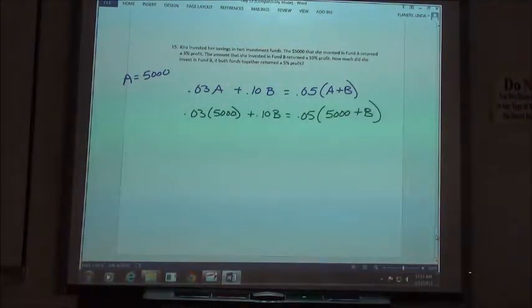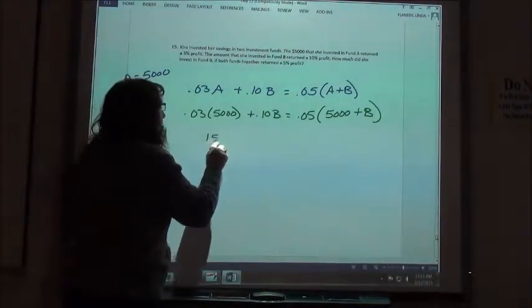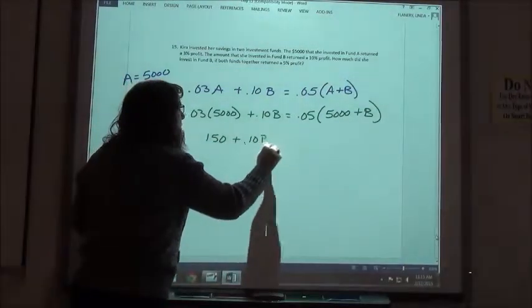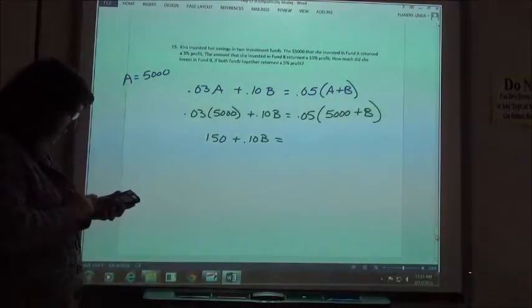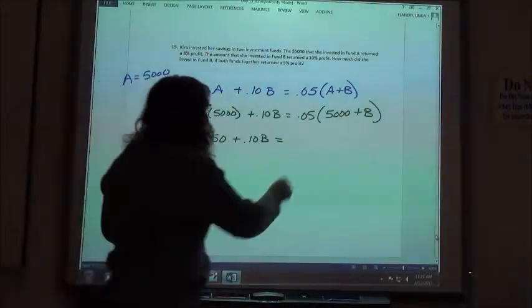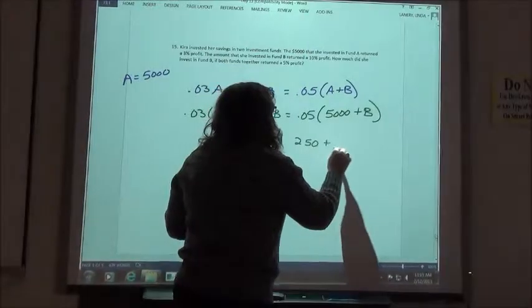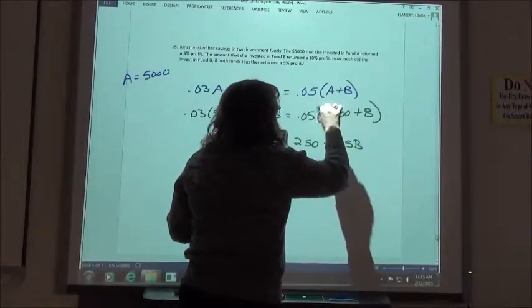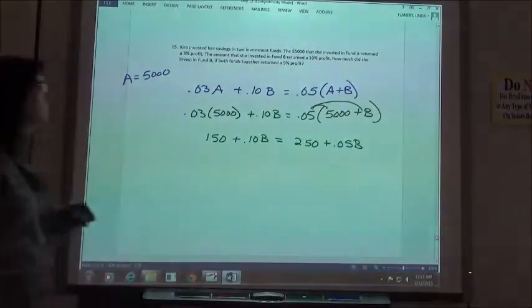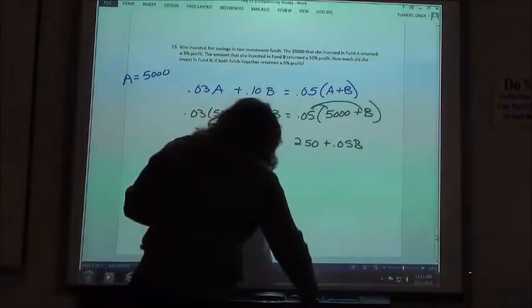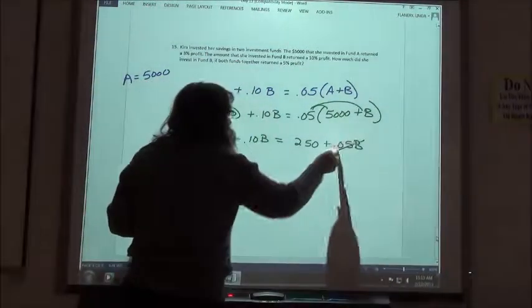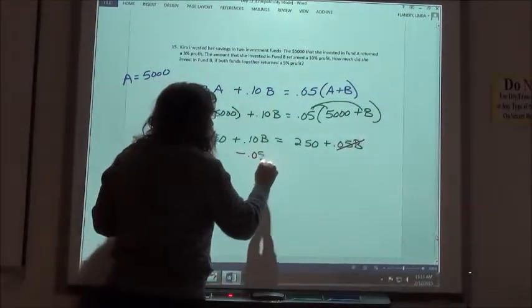Now we need to solve that equation. So 3% of 5,000 is 150. So 150 plus 10% of B equals 5% of 5,000 should be 250 plus 0.05B using our distributive property over here. Now we want to go ahead and solve that for B. So solving that for B, we're going to move this over here, so we're going to subtract our 5%.